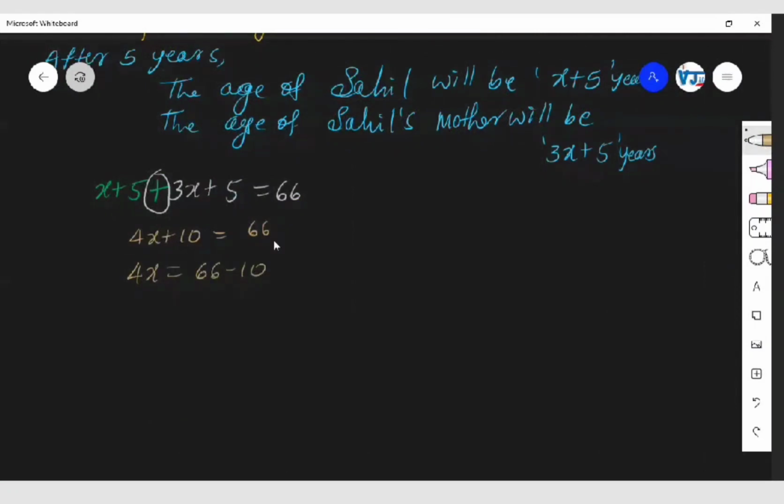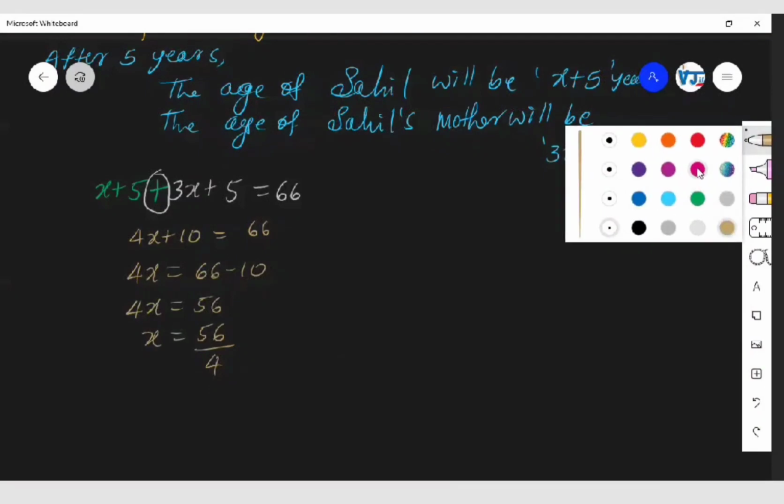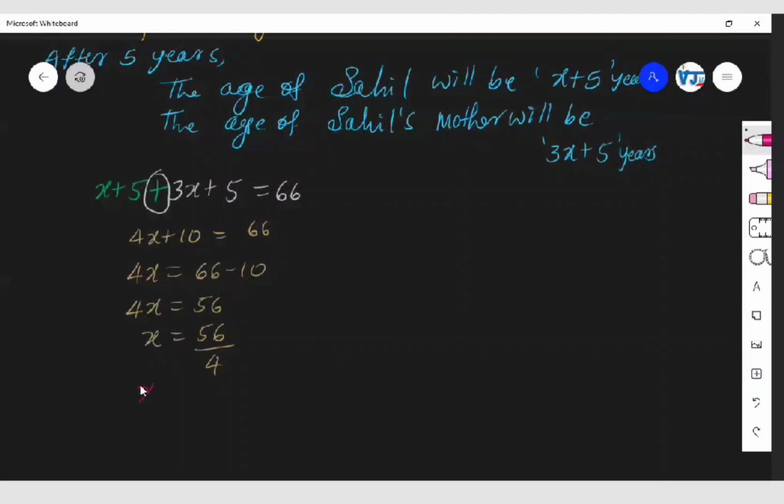Plus 10 comes this side, that becomes minus 10. Then 4x is equal to 56. Then x is equal to 56 divided by 4. Yes, divide this. x is equal to 14. So x is equal to 14 years.